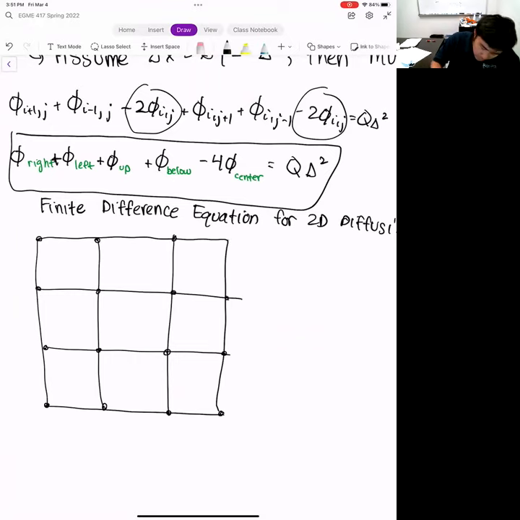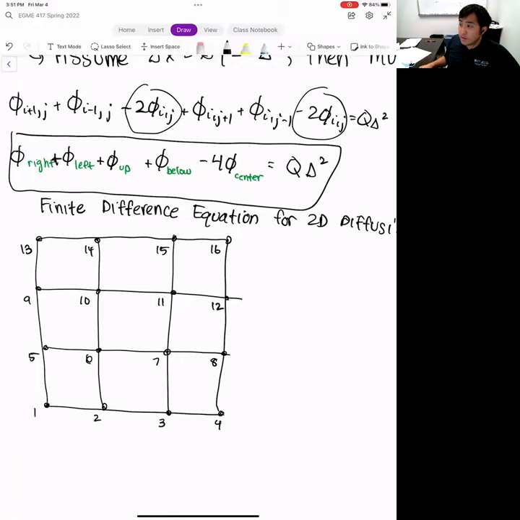All right, so here is our typical 2D domain, okay? And this domain in particular has 16 nodes. So we have 1, 2, 3, 4, 5, 6, 7, 8, 9, 10, 11, 12, 13, 14, 15, 16, okay?